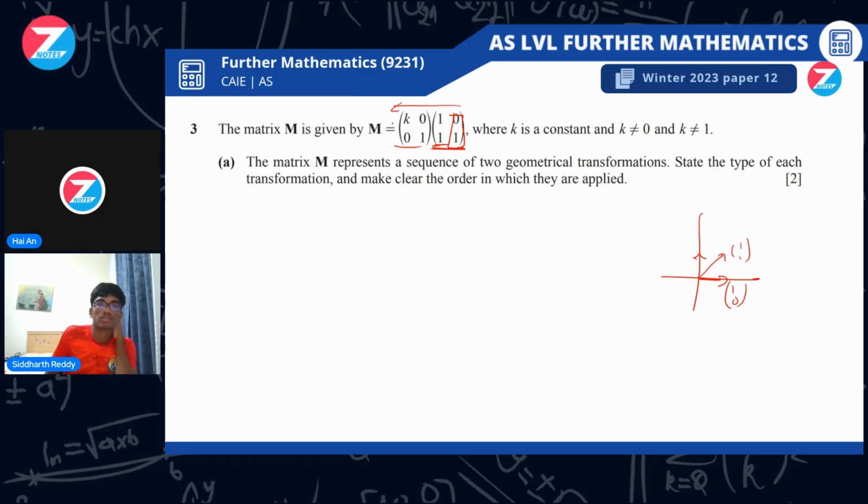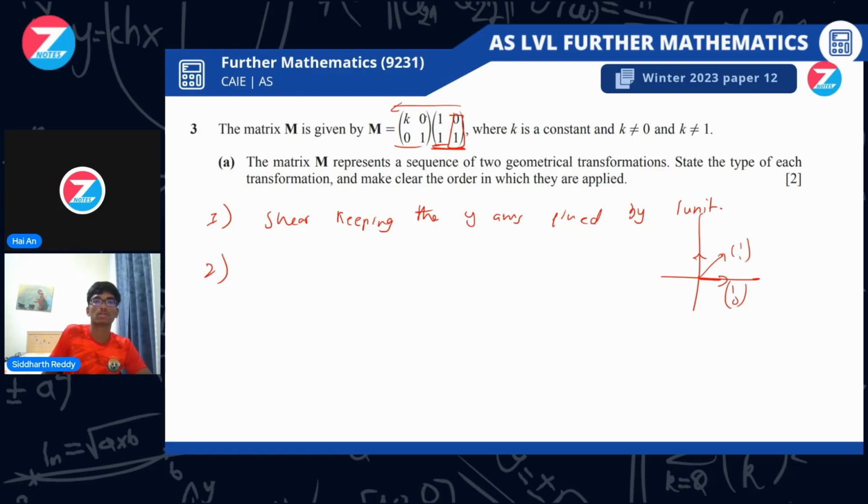So what this first matrix represents is a shear keeping the y-axis fixed, by 1 unit, if you want to be specific.